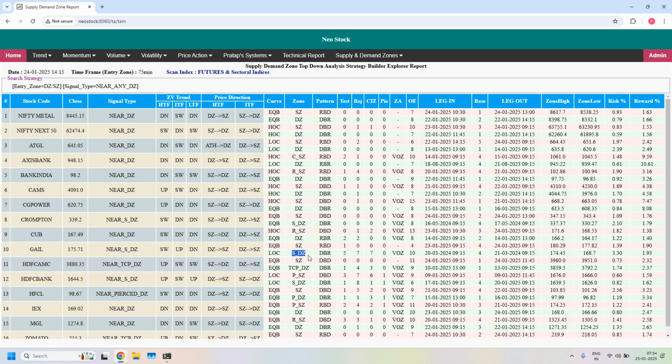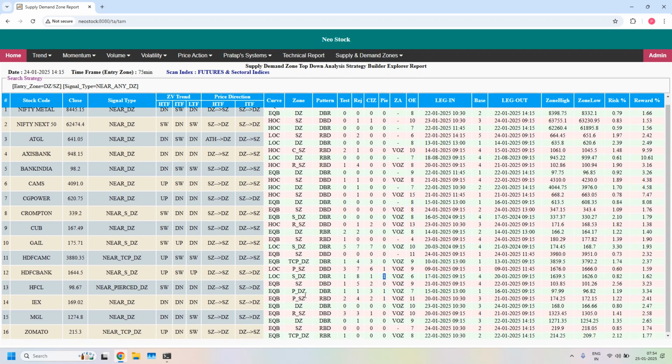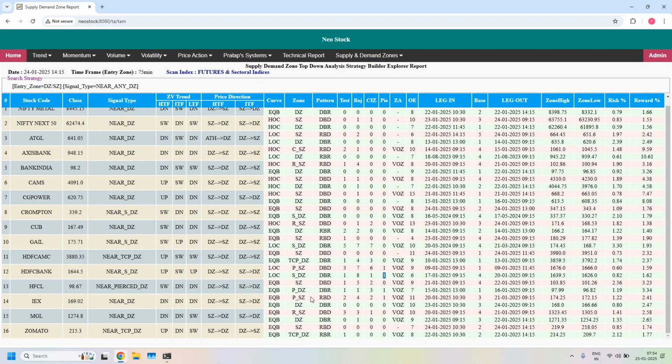Gale is having a high liquidity zone. HDFC AMC is having a high liquidity zone. HDFC Bank is not valid, it is a pierced zone. And Zomato is also having high liquidity zone. We identified 4 75 minutes high liquidity demand zones from this list.